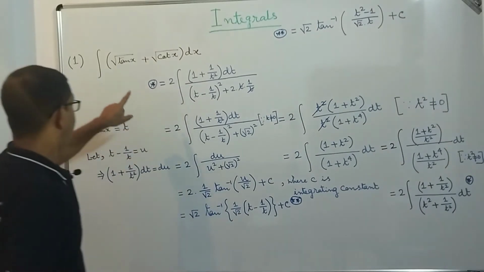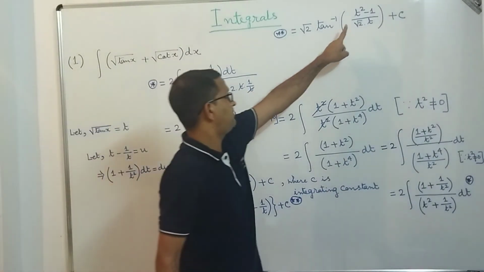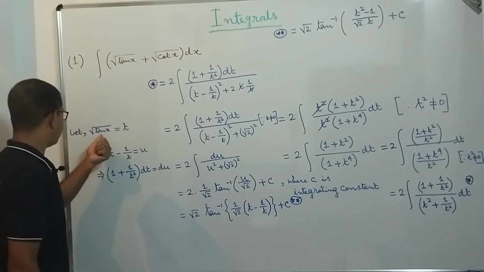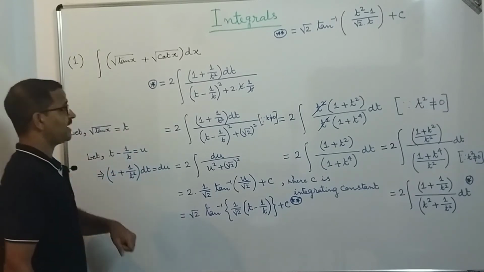Now our given integration is in terms of the variable x. So we need to replace the value of t in terms of x. So what is t? t is equal to square root of tan x. That means t square equal to tan x.